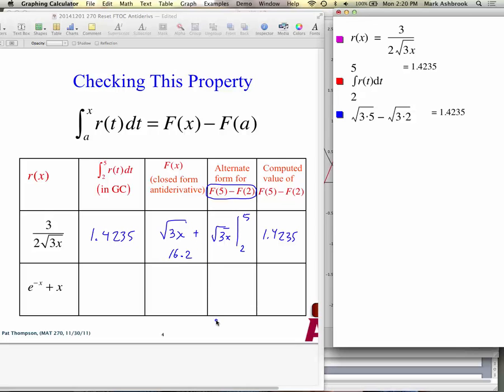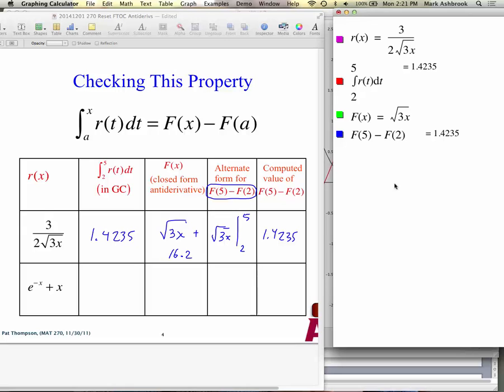So I'm going to come up here and I'm going to add 16.2. I should have defined it as f of x radical. All right, so instead I'm going to do, here, f of 5 minus f of 2, right?